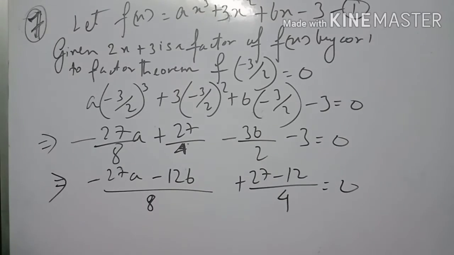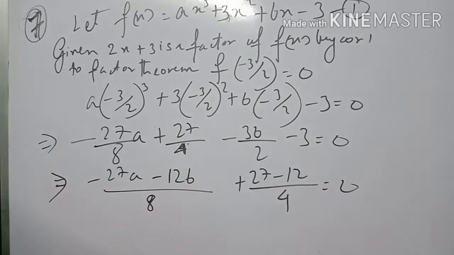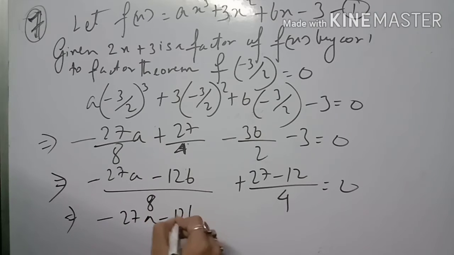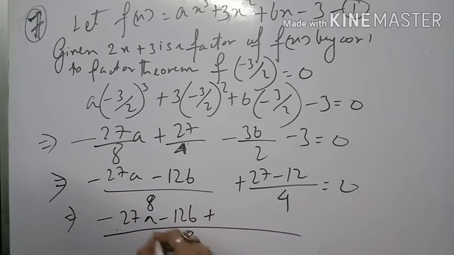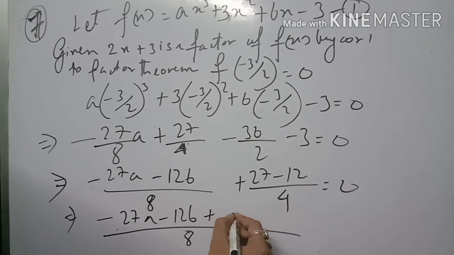I did the LCM between 1 and 4, it will become 4, and after multiplying, minus 3 will become minus 12. Equals 0. Let us proceed with this portion. Minus 27a minus 12b, plus 15. LCM of 8 and 4 will become 2.